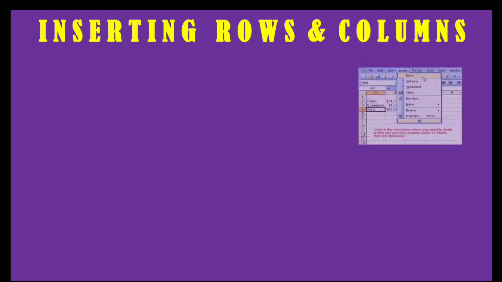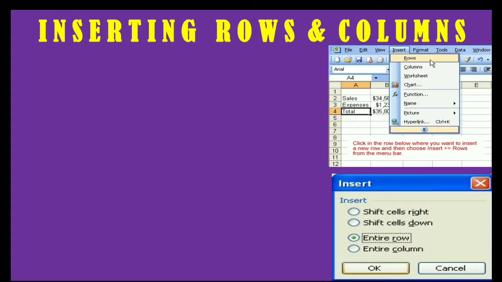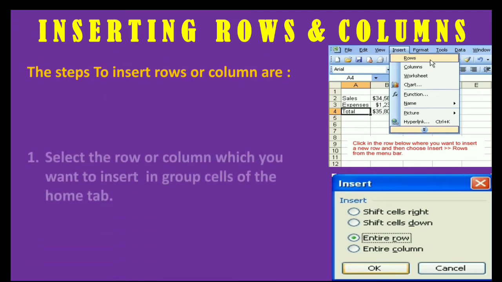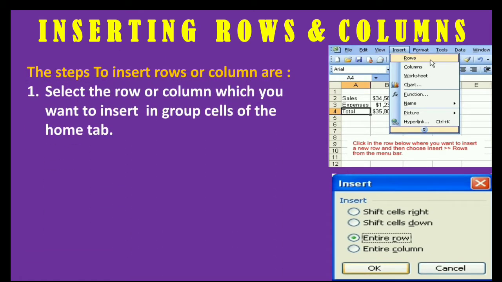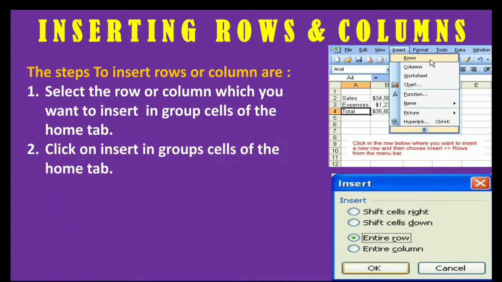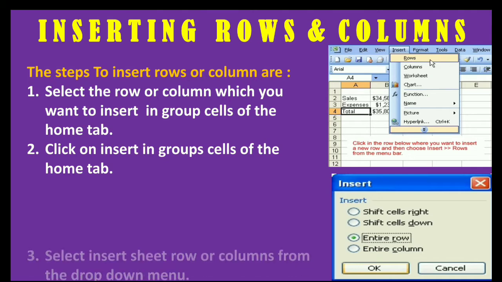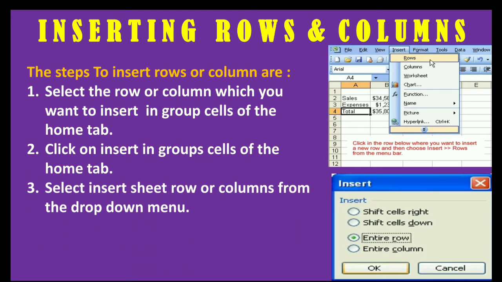How to insert a row or column? To insert a new row or column, number 1, first select the row or column where you want to insert. Then click on Insert in the group Cells of the Home tab and then select Insert row or column from the drop-down menu.